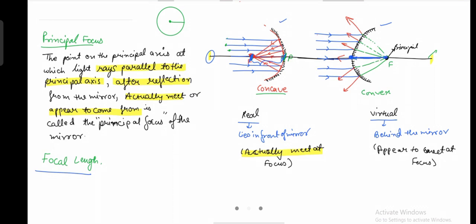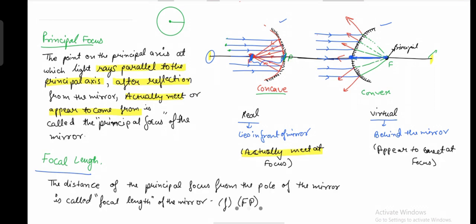Now I'm writing the definition and let's understand the same point with the help of the definition. What is this saying? The distance from the principal focus to the pole. So you can say the distance of the principal focus from the pole of the mirror.